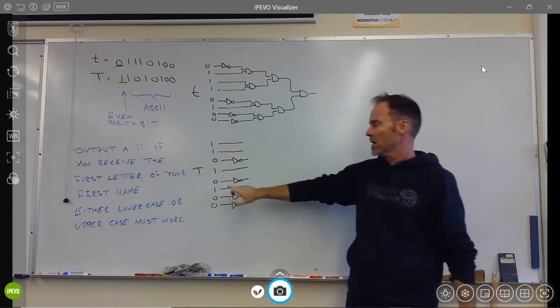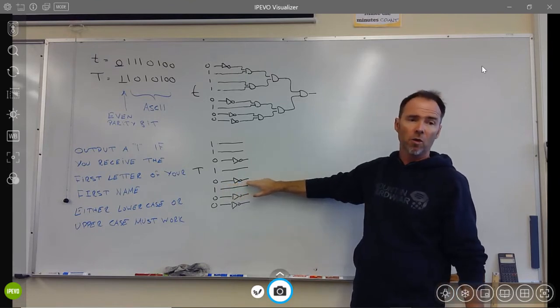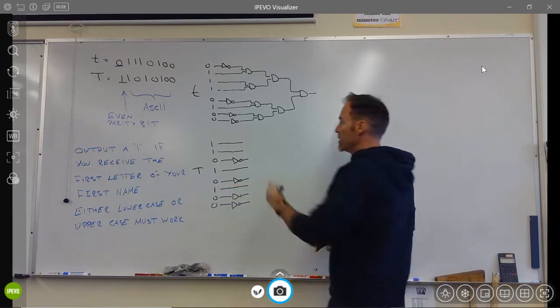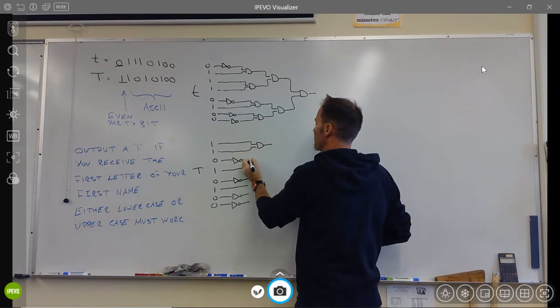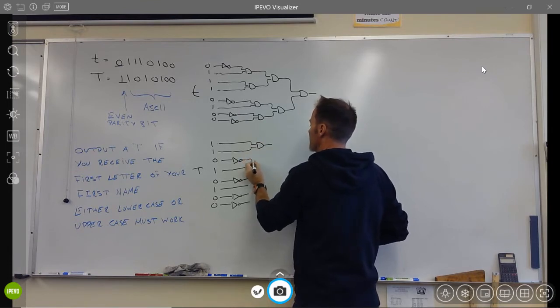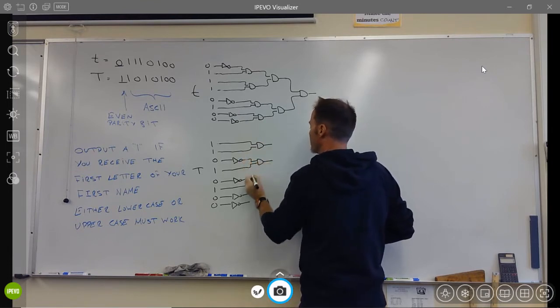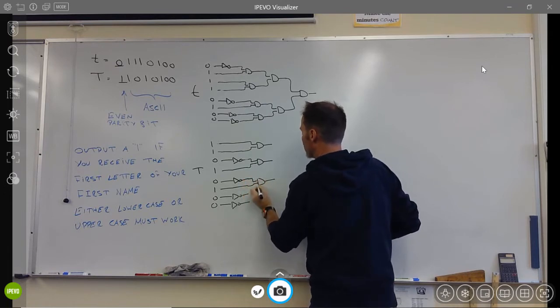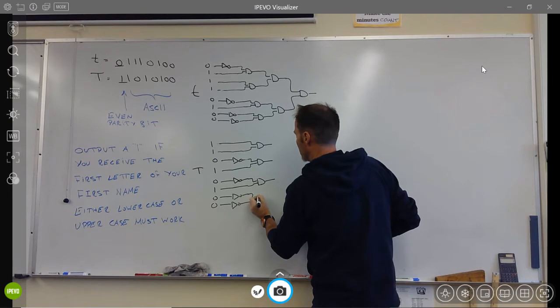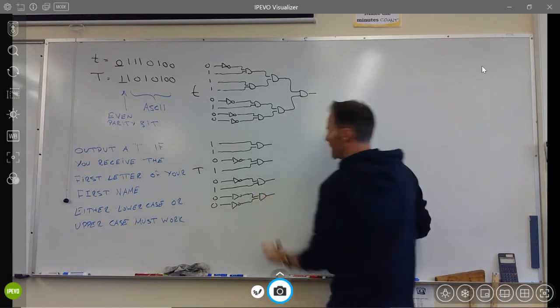All I did was, whenever I have a 0 input, I use a NOT gate to convert it to a 1. Okay, now I can use AND gates to combine them. 2 ones on an AND gate becomes a 1, four times.